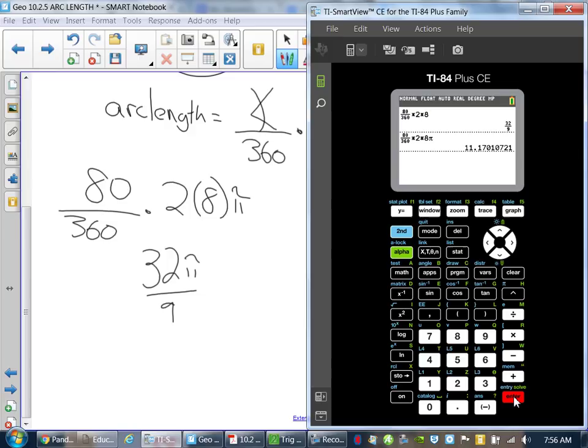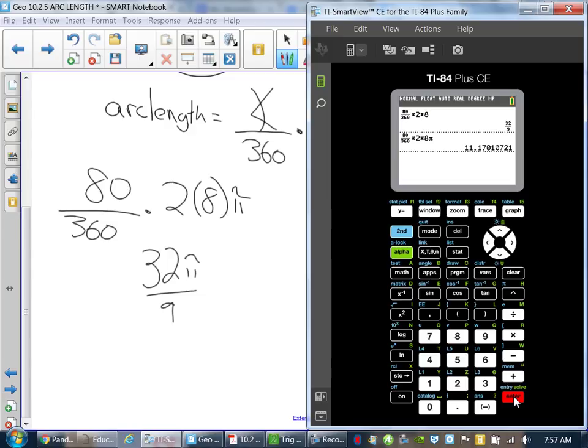Yes, ma'am? Could you put like 32 over 9 and pi? Yep. When you're multiplying fractions, you're multiplying straight across. It doesn't matter where the next value winds up. So if you wrote 32 pi, normally how we would say that is 32 pi over 9 instead of 32 over 9 pi. It's just a cleaner way of saying something.